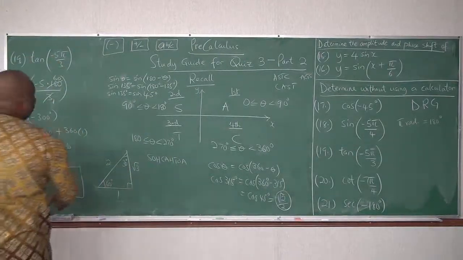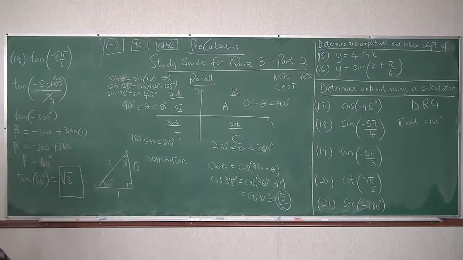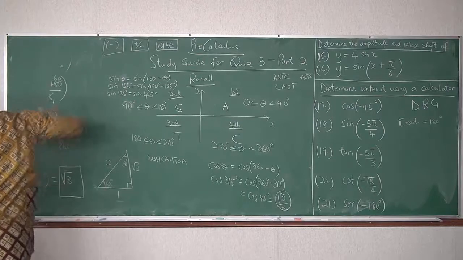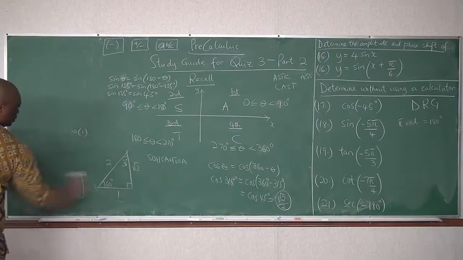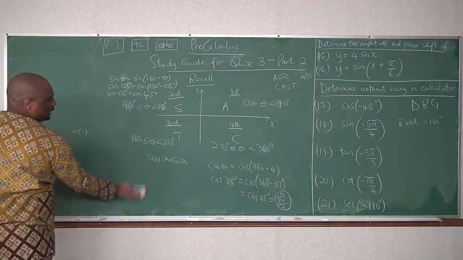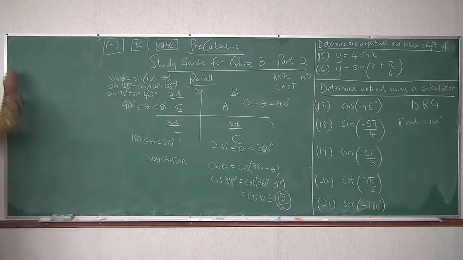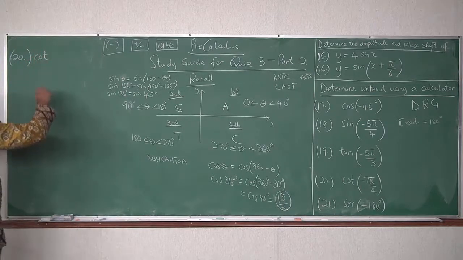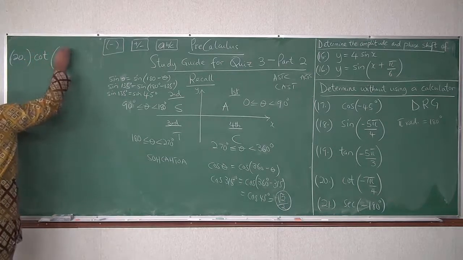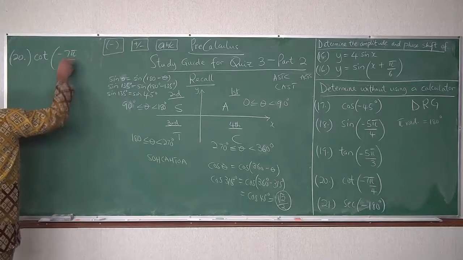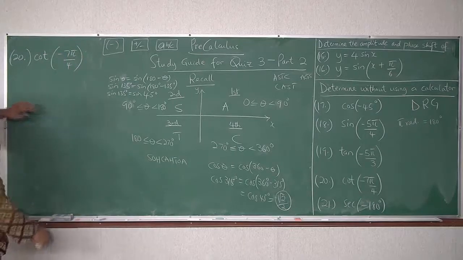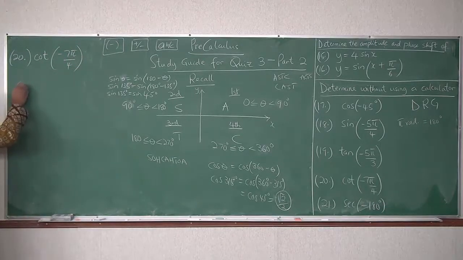Okay, we're getting there. Next, 20 is cotan of negative 7 pi over 4. This is equal to cotan.